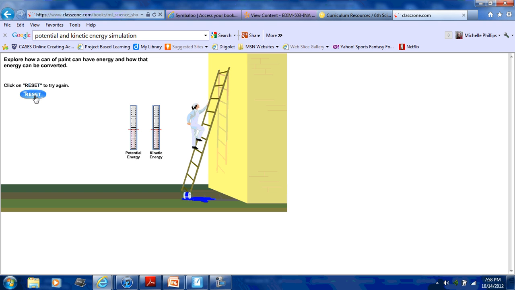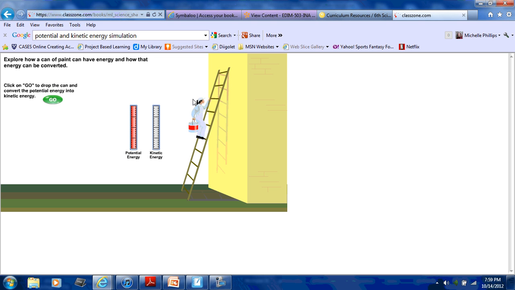Let's reset this, and let's do it with the red paint can. It has more potential energy in the same position because it has more mass. We're going to move our painter up the ladder. Right now this is the highest amount of potential energy.